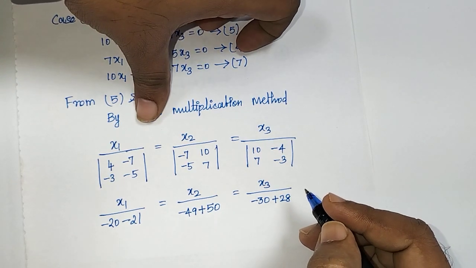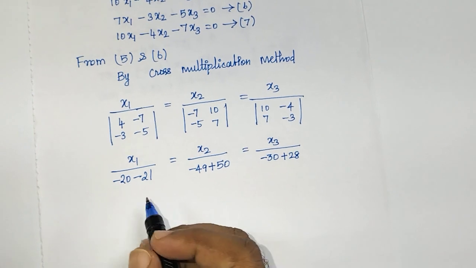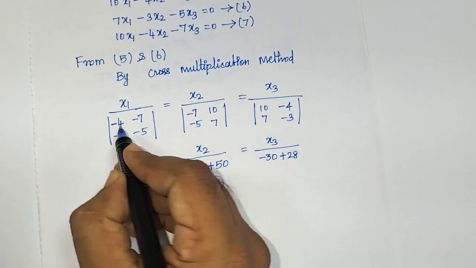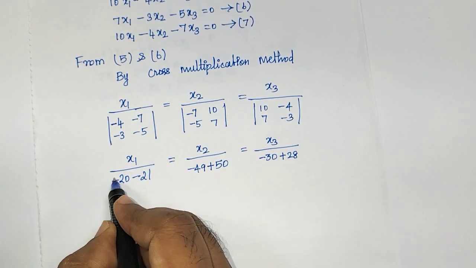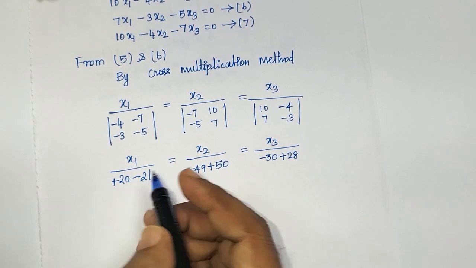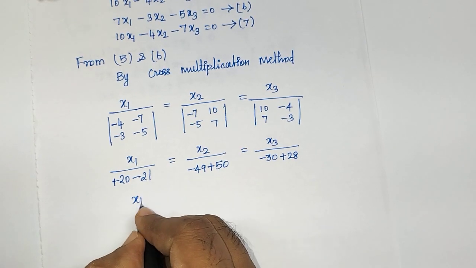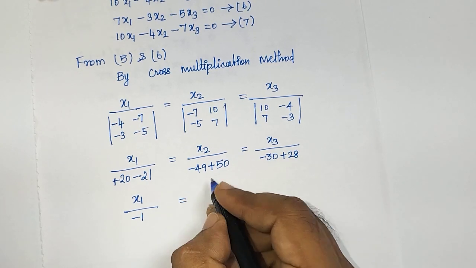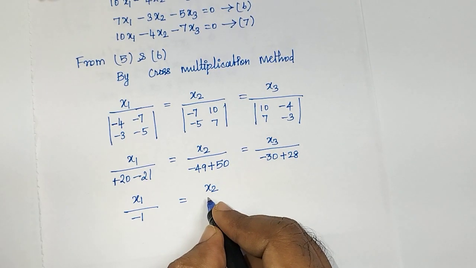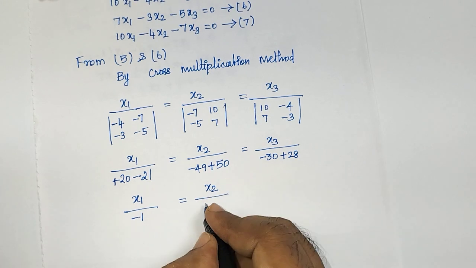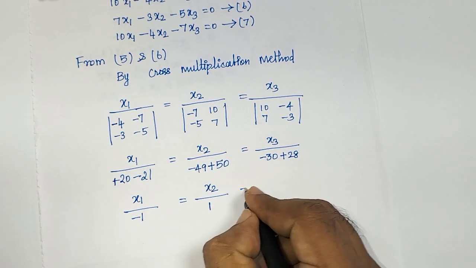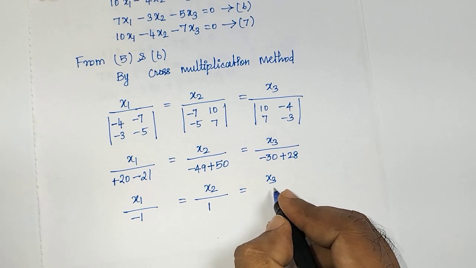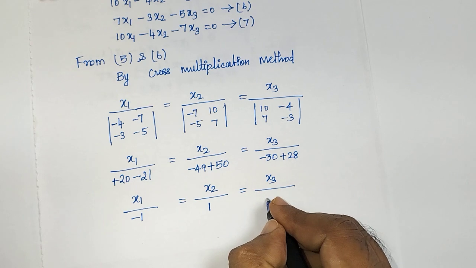Okay. So here in x1 you will have minus 4 into minus 5, plus 20, not minus 20. Now you can simplify this. x1 divided by plus 20 minus 21, minus 1, is equal to x2 divided by minus 49 plus 50, we can write plus 1, and equal to x3 divided by minus 30 plus 28, we can write minus 2.